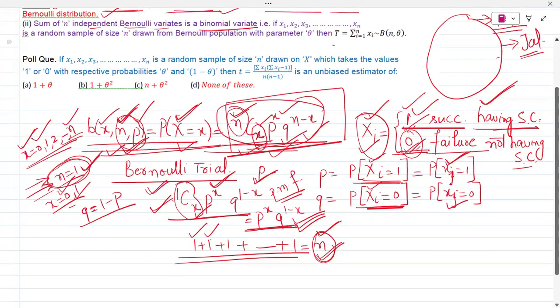Okay, so here it is written. Actually, x1, x2, ..., xn is a random sample of size n drawn from a Bernoulli population. Now, I think you understand the meaning of a Bernoulli population: every population unit or every sample observation has only two options.